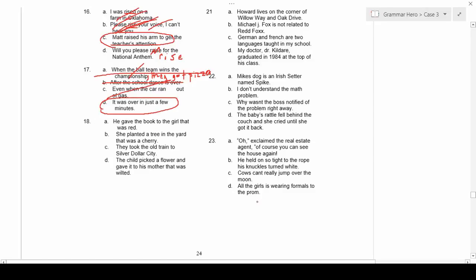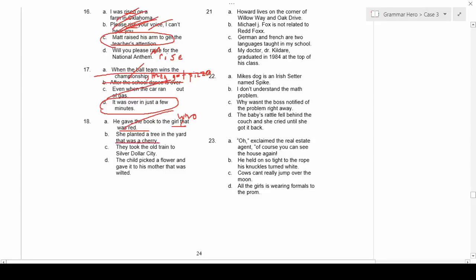18: "He gave the book to the girl that was red." Bad sentence. Girl that was red. Girl who? Okay. People are always paired up with who. So we know that one's wrong. "She planted a tree in the yard that was a cherry."